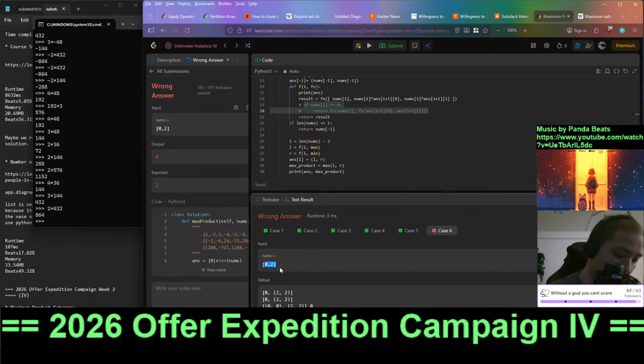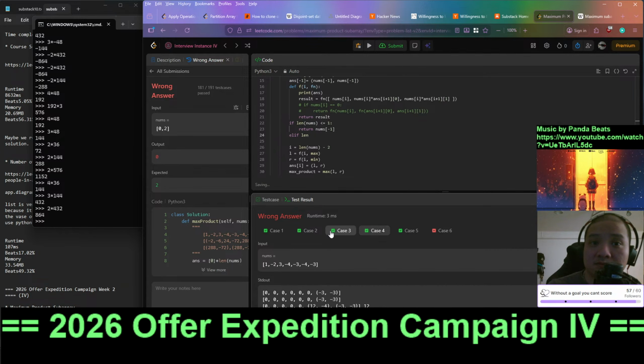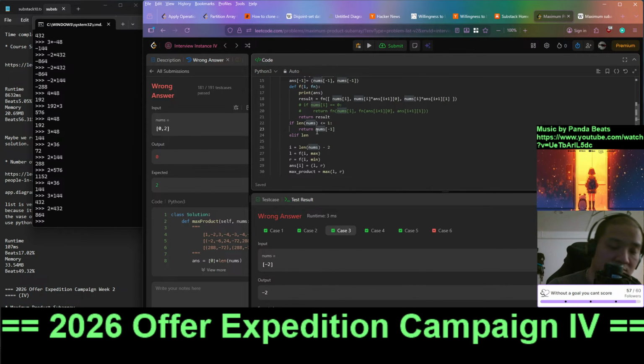Then it's just gonna be max of... else, let's look at the length of nums. Do we have 2 elements here? 2 or 1, right? That's not equal to 2. We just return the max.